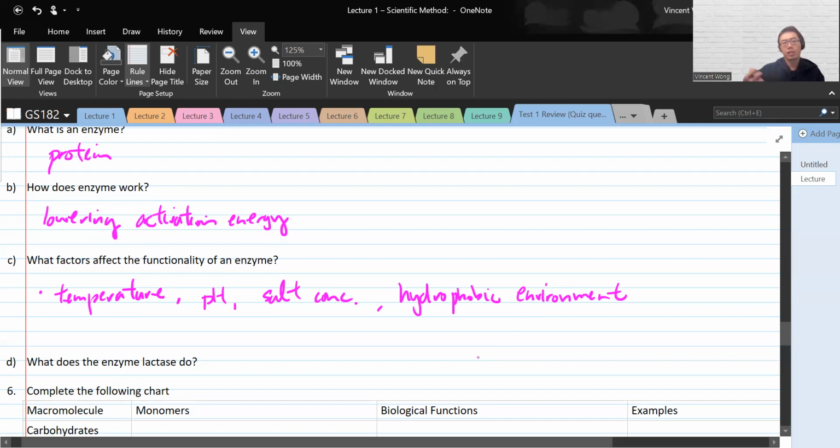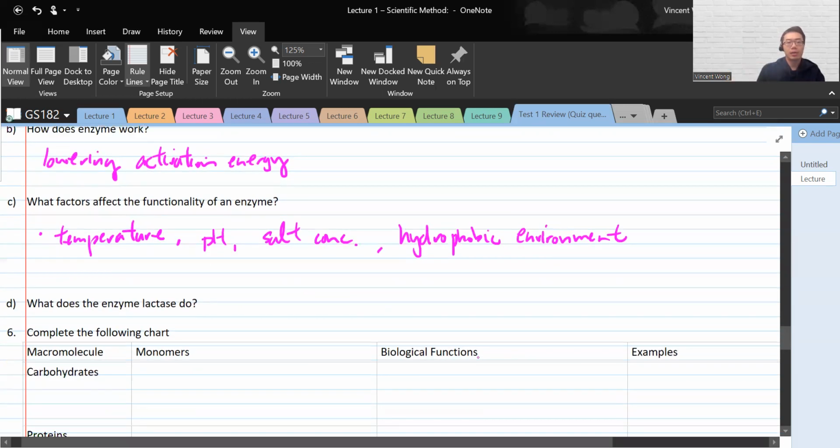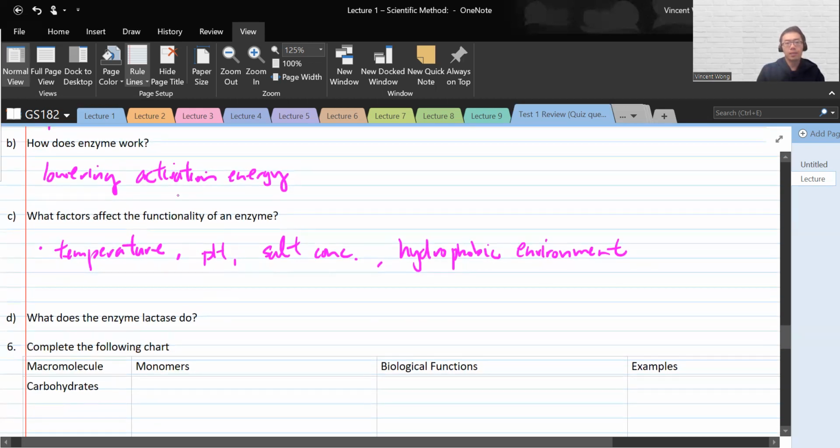Proteins are supposed to be in an aqueous, hydrophilic environment in the body, but if you change it to a hydrophobic environment, it's totally not going to work. Heat will cause the protein to denature. Denature means it unravels, and then it might not work anymore.